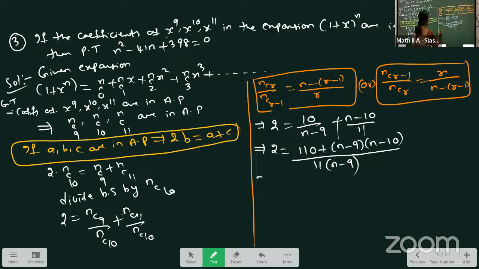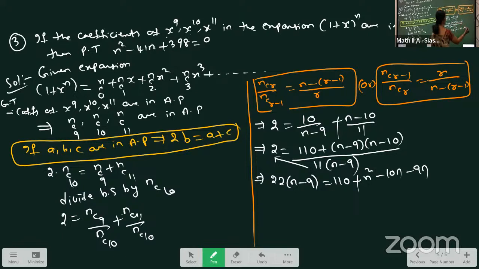Cross multiply. 2 into 11, 22 into N minus 9 is equal to 110 plus, open up, N into N square minus N into 10 minus 10N, minus 9 into N minus 9N, minus 9 into minus 10 plus 90. Multiply here and take the terms to the right side.